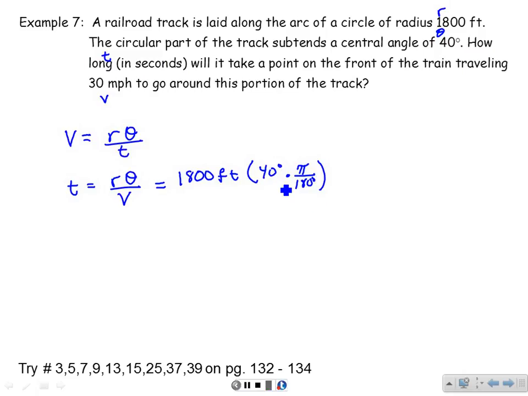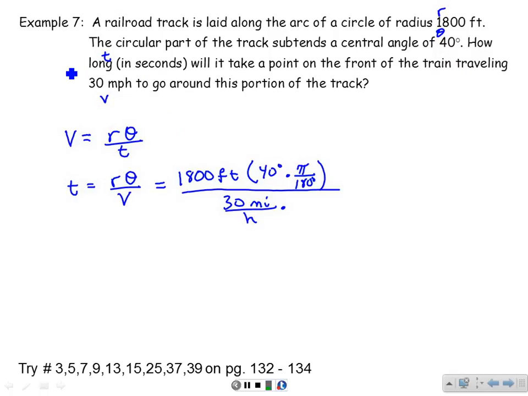So that's going to be our theta, and then we're going to divide that by our linear speed, which is going to be 30 miles per hour. Okay, and so we do need to do a conversion there as well, and the reason being is we need miles per hour in feet per second, because we have feet here, and we need our answer in seconds.